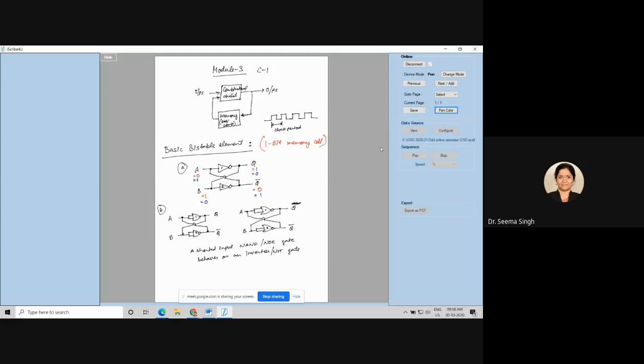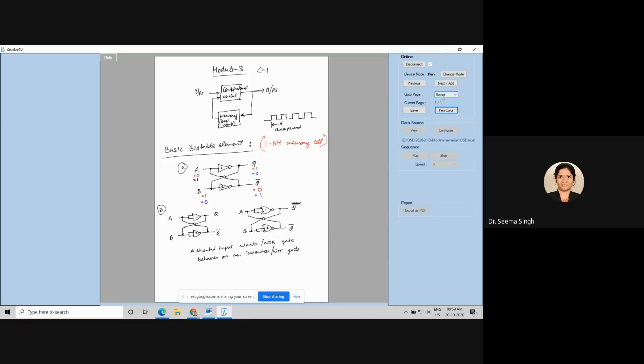So this is your first, smallest, simplest circuit of sequential logic, that is the basic bistable element. Next, we will see something called SR latch, and I will explain one by one. There are varieties of SR latch, and you should not get confused with that. Before I start, I will simply list out.